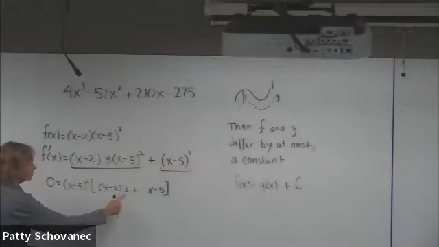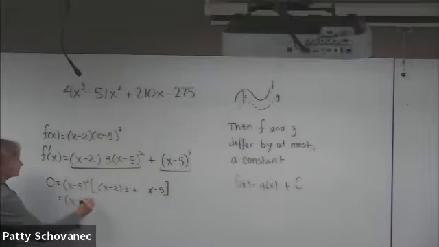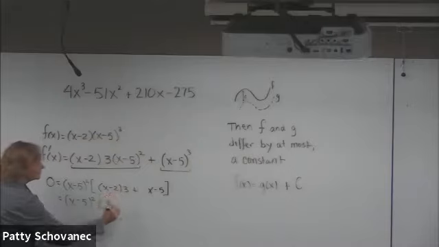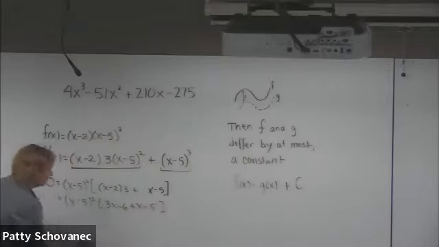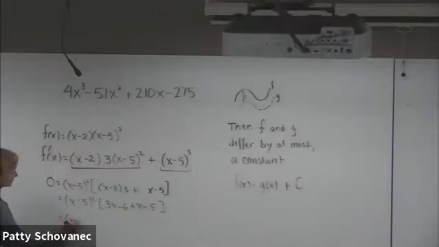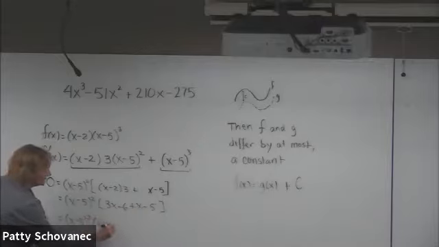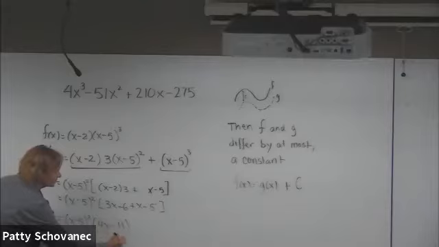These parentheses are holding that 3. Let's distribute the 3. So I have 3x minus 6 plus x minus 5, and then we have it factored right here. 3 plus 1 gives me 4, and minus 6 minus 5 is minus 11.